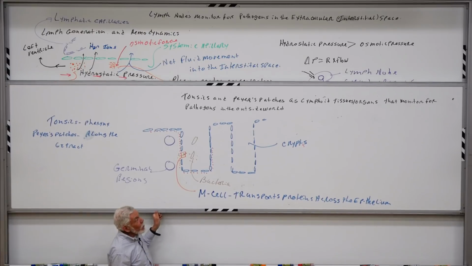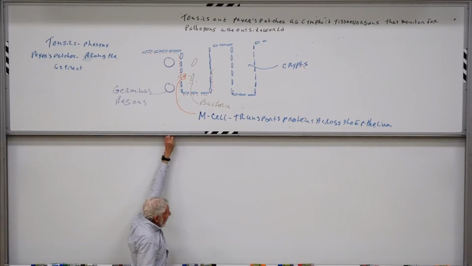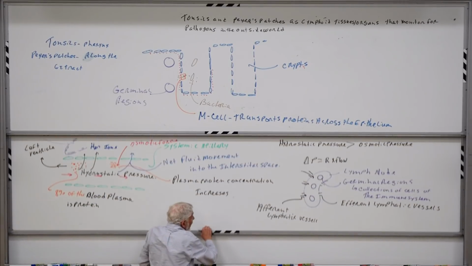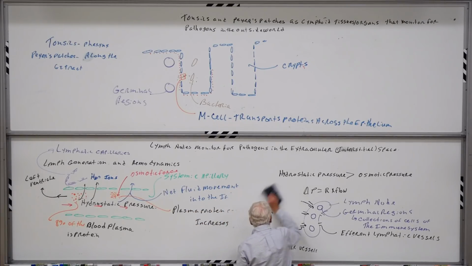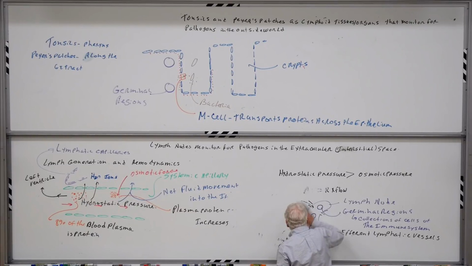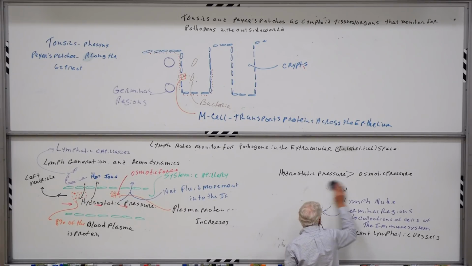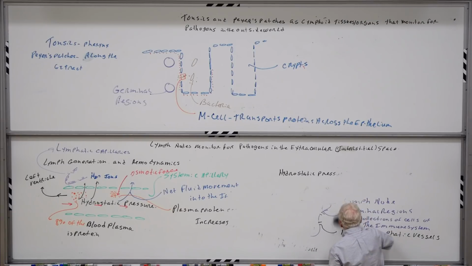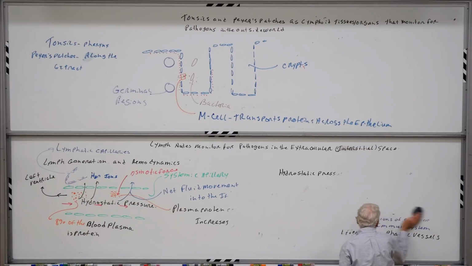So what I want to do now is go on to another lymphoid tissue. The lymphoid tissue that I want to emphasize here is something known as the thymus. And the thymus doesn't play this role in itself for monitoring for pathogens. It's a selection site. It's a site where we select for T lymphocytes.